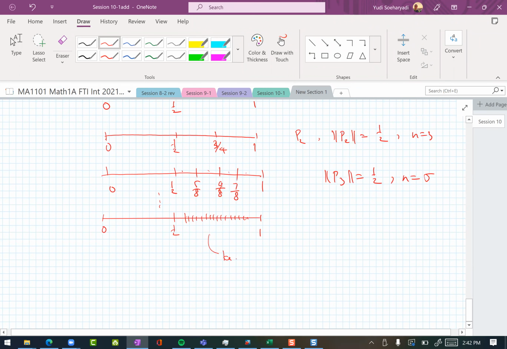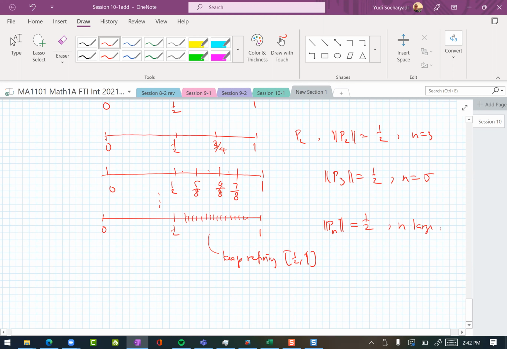So keep refining this part. So you will have that. Say this is the ends, what you call partitions. It's still 1/2, but here n is large.